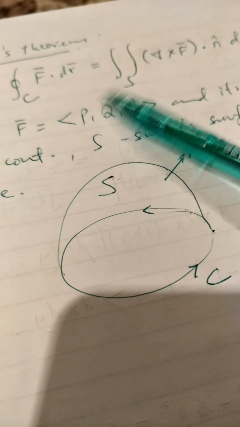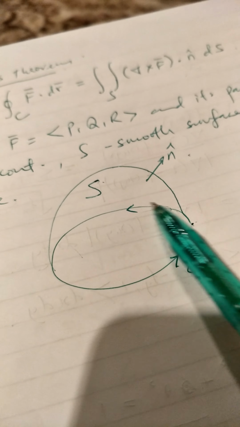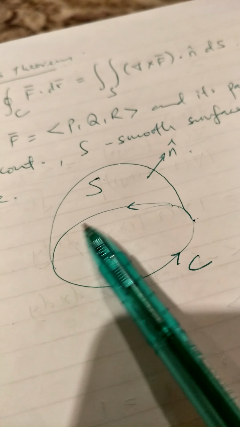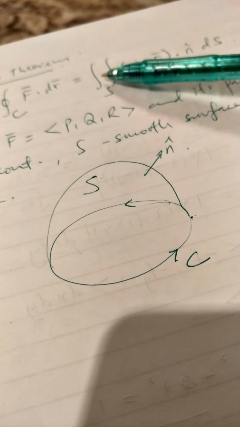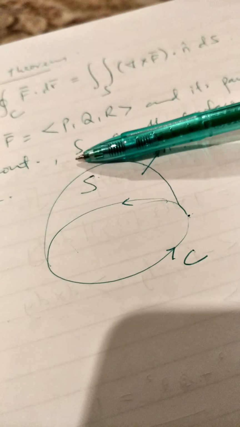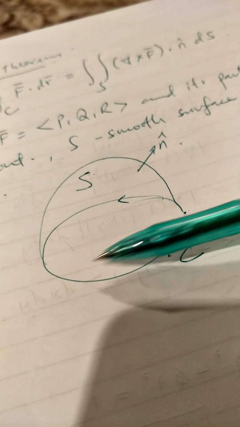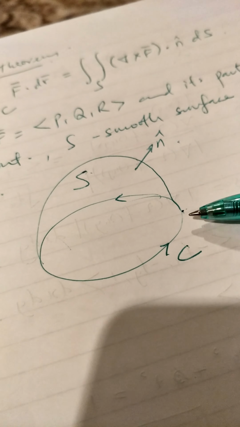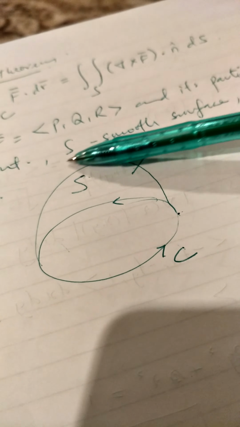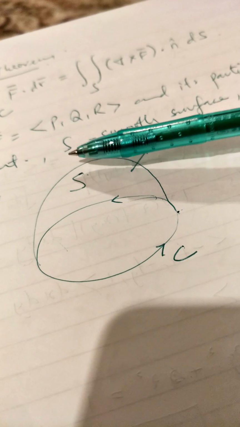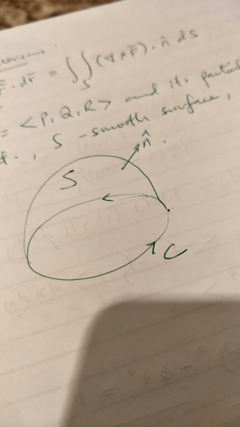Instead of integrating over the closed curve, which is obtained by looking from positive z, basically projected on that plane, we can integrate over the surface, and this makes our job much easier.